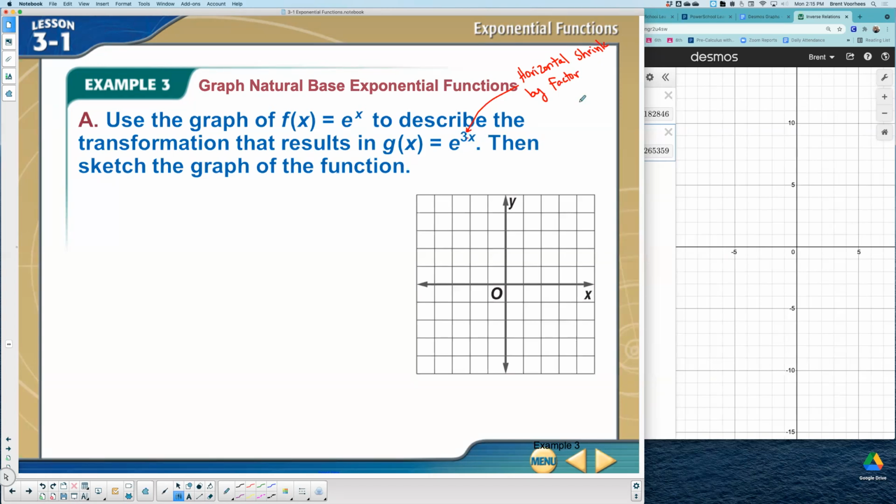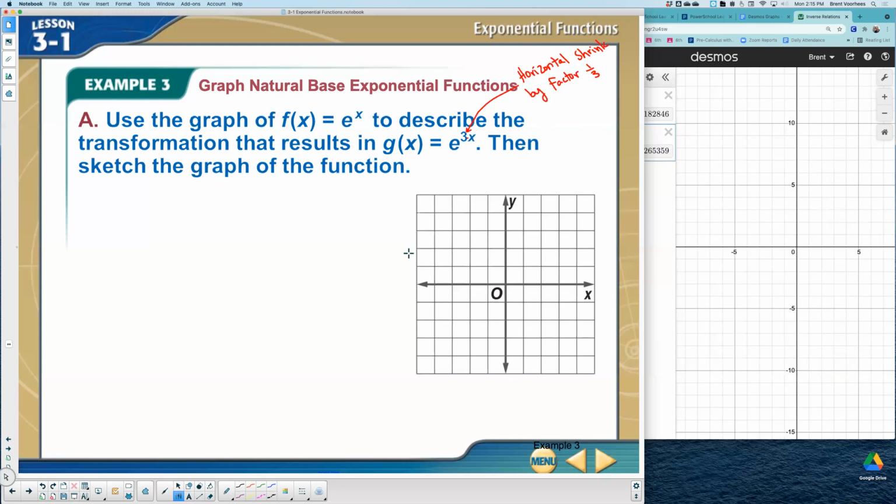So instead of multiplying by 3, you divide by 3. So 1/3. But Dr. Milana has been saying, and as I've done some research, you see it both ways. You really do. Some just say it's a horizontal shrink by factor of 3, and they just leave it as a 3. So I'm not sure. Just be prepared to see it either way. But I'm just going to say here in the notes, horizontal shrink by factor 1/3.